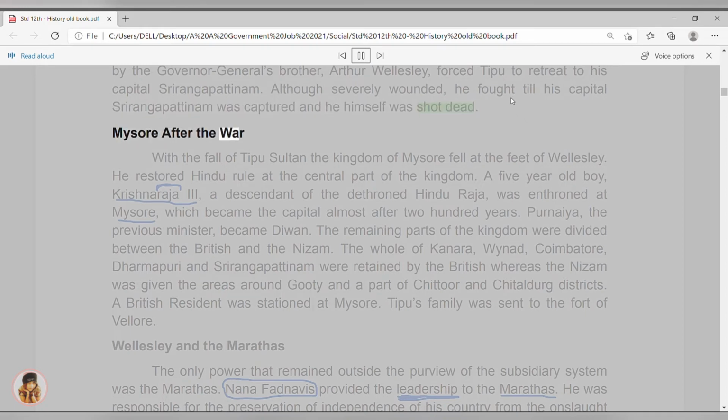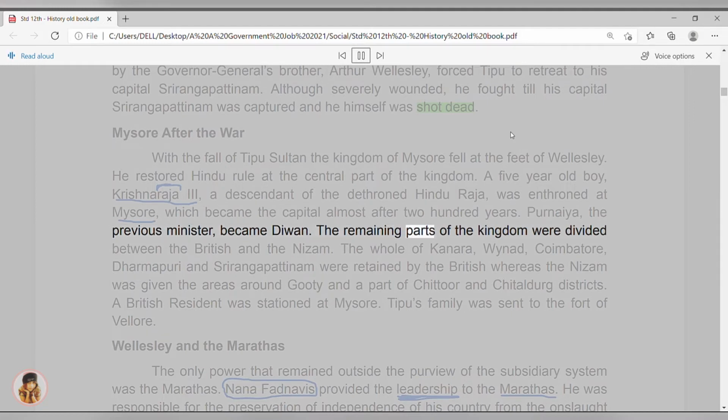Mysore after the war. With the fall of Tipu Sultan, the kingdom of Mysore fell at the feet of Wellesley. He restored Hindu rule in the central part of the kingdom. A 5-year-old boy, Krishnaraja III, a descendant of the dethroned Hindu Raja, was enthroned at Mysore, which became the capital after almost 200 years. Purnaiah, the previous minister, became Diwan.